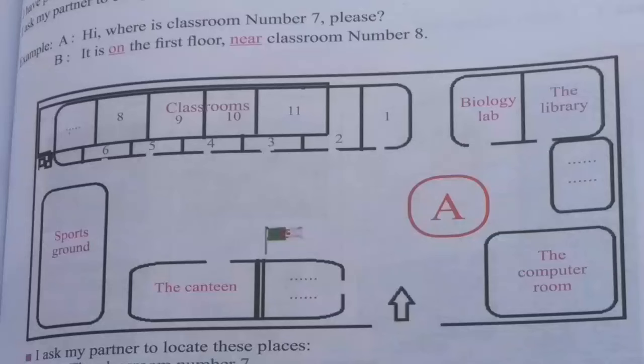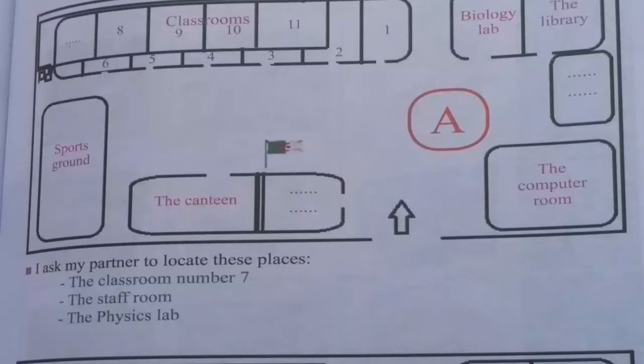لاحظوا أحبائي عندما نتحدث عن الموقع خاصة فيما يتعلق بطوابق بناية ما كالعمارة مثلا نقول on the first floor, on the second floor, on the third floor وما إلى ذلك. I ask my partner to locate these places. أنا أسأل شريكي لتحديد موقع هذه الأماكن.